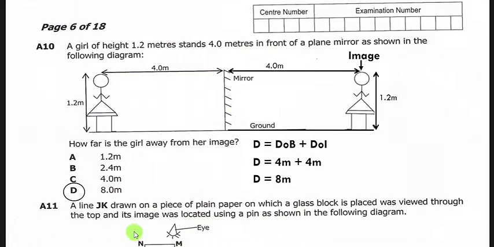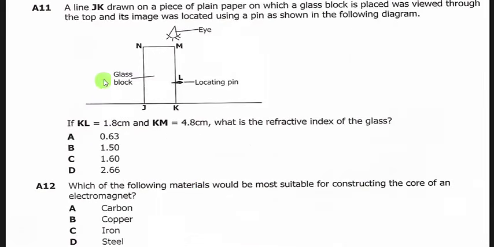All right, so let's answer another question here. So this question says a line JK drawn on a piece of plain paper on which a glass block is placed was viewed through the top, and its image was located using a pin as shown in the following diagram. So we have a line JK which has been drawn on a plain paper, then a glass block is placed on it.